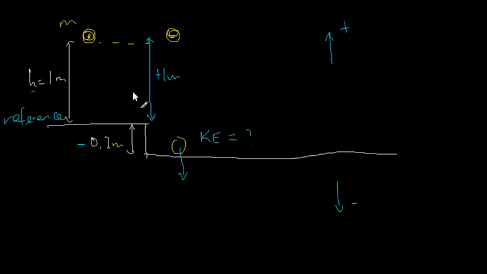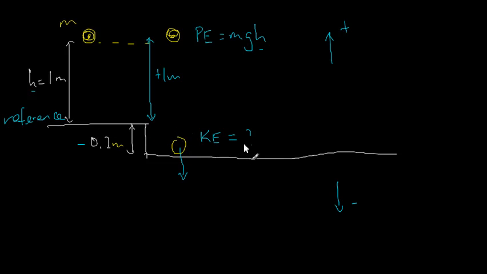The potential energy, PE, is equal to mgh. So I would continue to use this formula, but my h would be measured from this reference level.